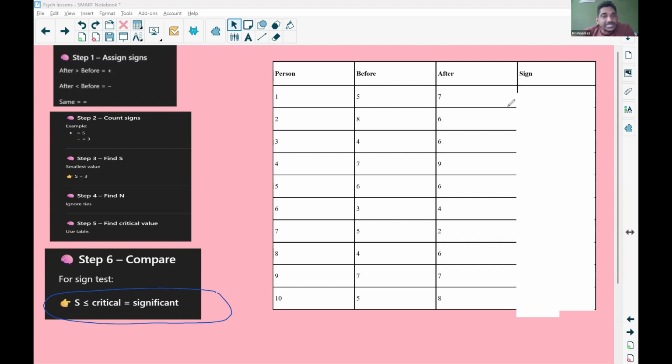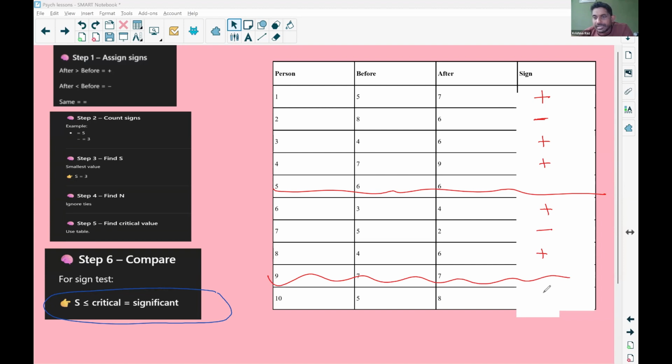We assigned pluses for improvement and minuses for when people got worse at something or lost knowledge. So gain of knowledge versus loss of knowledge: they gained, they lost, they gained, they gained. This was the same, so we wipe it out. Gain, loss, gain, stayed the same, gain.